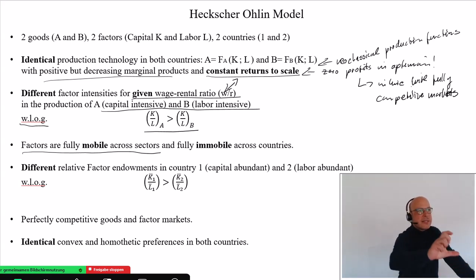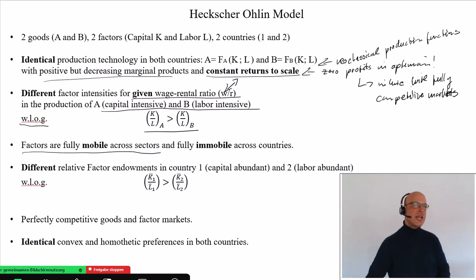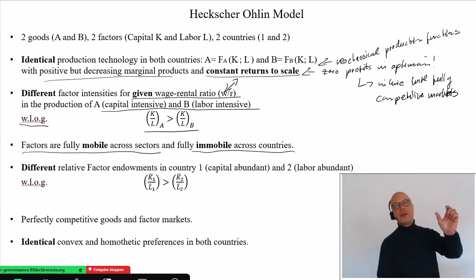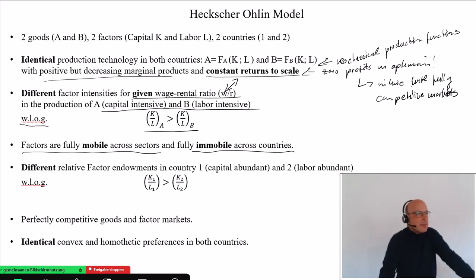Now, between sector A and B, we can just interchange labor and capital as we want. But what we assume is that we cannot internationally exchange factors. So we cannot exchange capital and labor between the two countries.